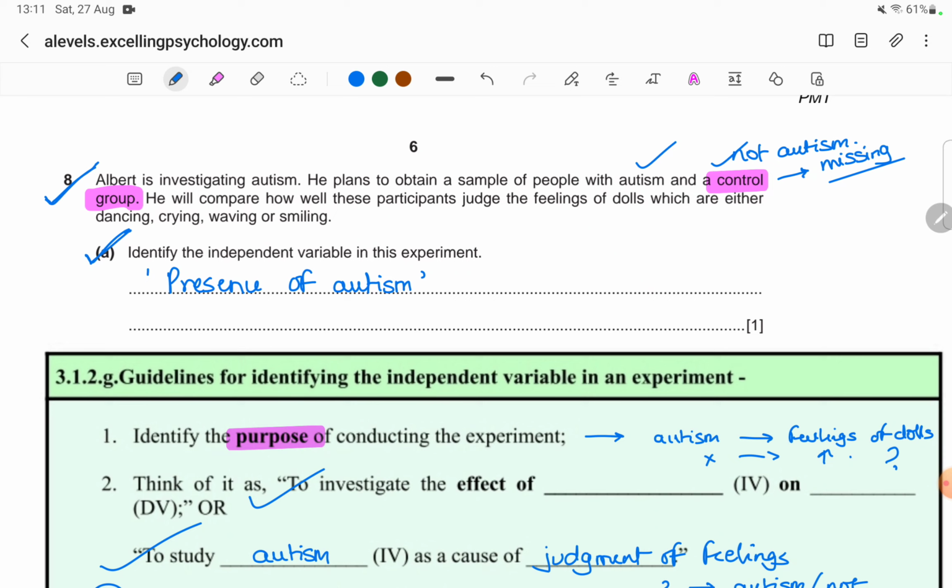I can just say at 2 levels, or I like to put it as measured at 2 levels. It's your choice. You could just say at 2 levels. Don't write the word measured if you don't want. I'll put a hyphen here. Then I write 1. So 1 is presence. So that was the first way or the first level. Second, absence. Okay, so this is how I answer the question.